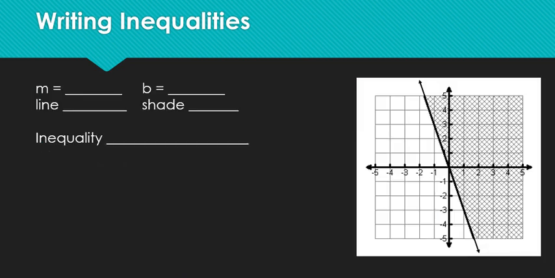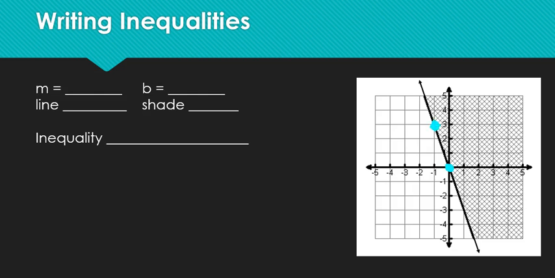Okay? Now, here is an example of what an inequality graph will look like. You can see it's all gray. It's shaded over here on the right side. Now, what is my slope here? Find two pretty points. Here's a pretty point, and there is a pretty point.